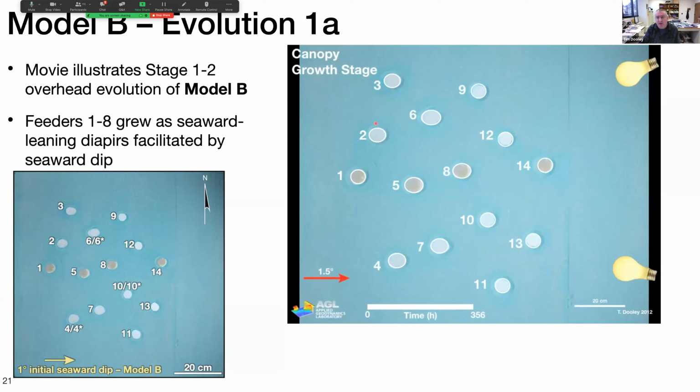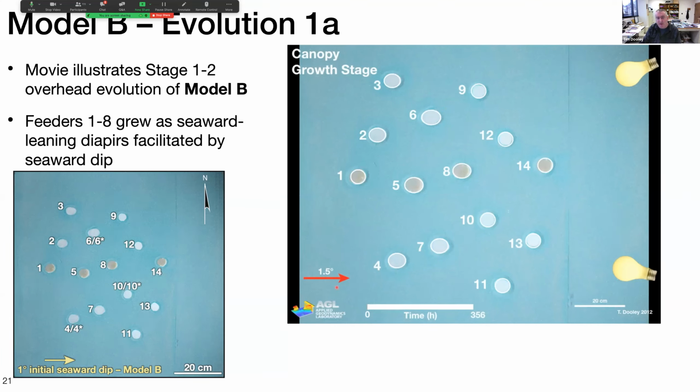Right, okay, so model B then, let's have a look at the overhead, at the early stage of this. You will note on here that feeders 1 through 8 are elliptical in shape, and that was so that they would angle over, leaning seaward as they grew upwards.